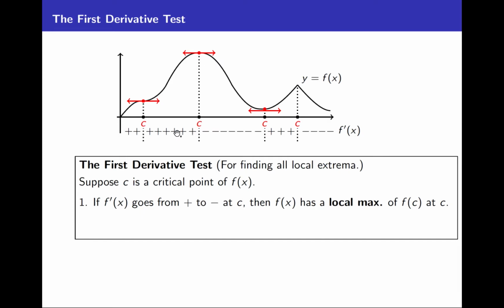Because the function f went from increasing to decreasing. At c, it stopped increasing and started decreasing, and that's a local maximum. Likewise, right here, f prime changed from positive to negative, so f stopped increasing and started decreasing, and that's a local maximum right there at c.